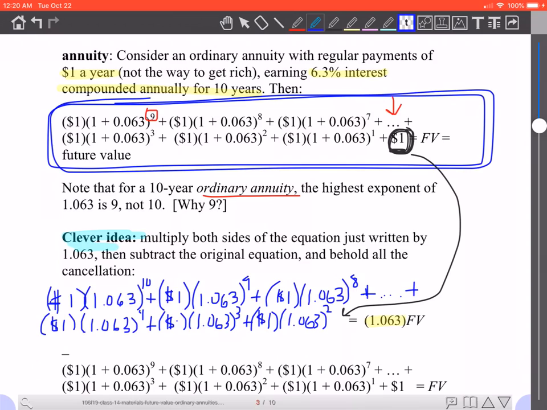I'm just going to squeeze it down here because I don't have enough space. So even that last term will get multiplied by 1.063.